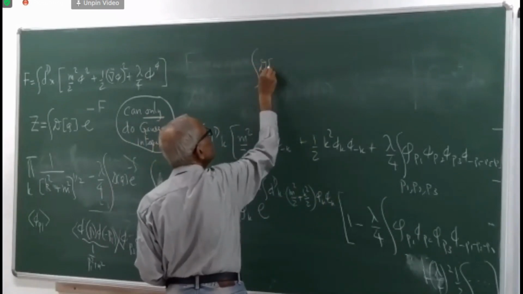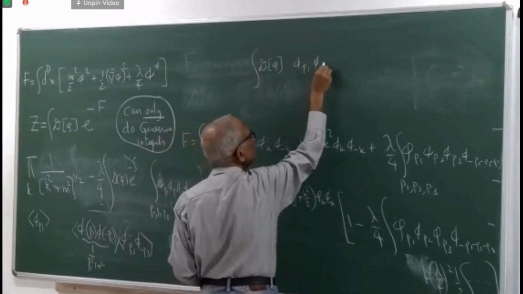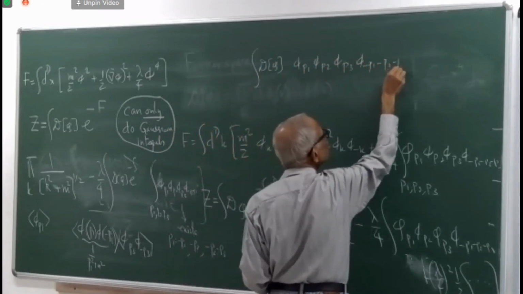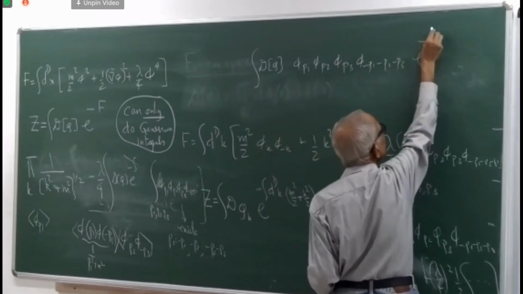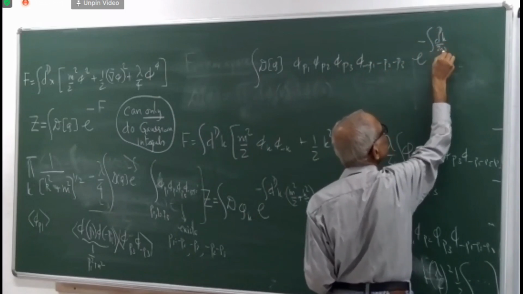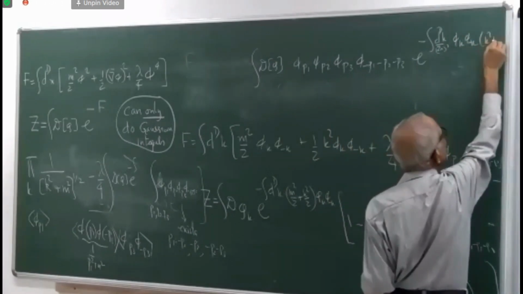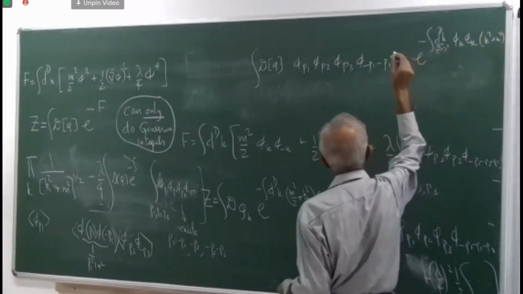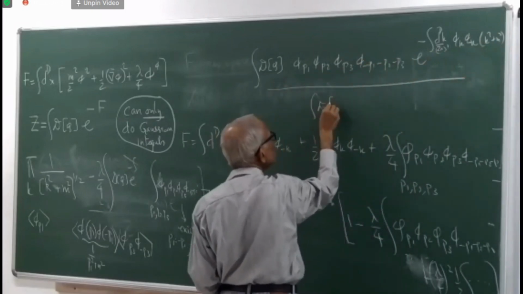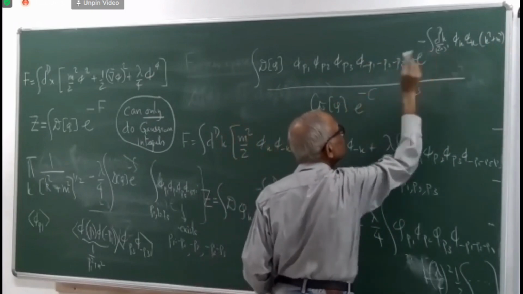the integral d phi, phi p1, phi p2, phi p3, phi minus p1 minus p2 minus p3, e to the power minus the integral d^d k over 2 pi to the power d, phi k phi minus k square plus M square, divided by the integral d phi e to the power minus that quantity over here.